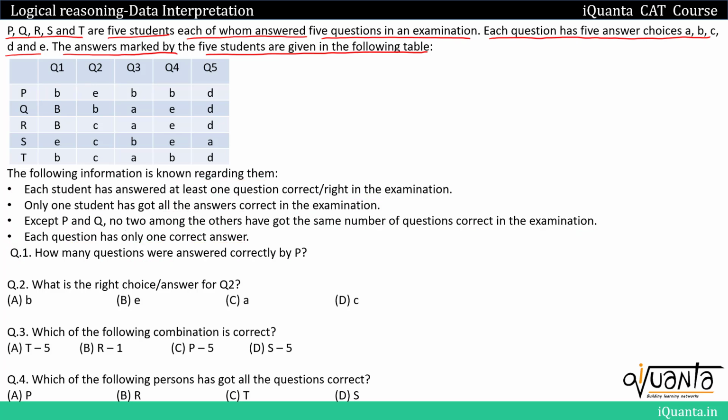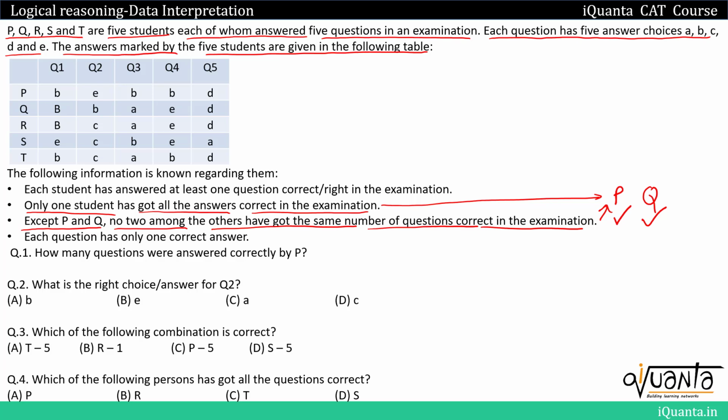So let us read all the clues once again and we'll try to solve this set. We were clearly given that except P and Q, no two among the others have got the same number of questions correct in the examination. And we had one more clue that only one student has got all the answers correct. So if I merge both these clues, then if P is the one who has answered all questions correctly, then Q will also be the one who has answered all the questions correctly.